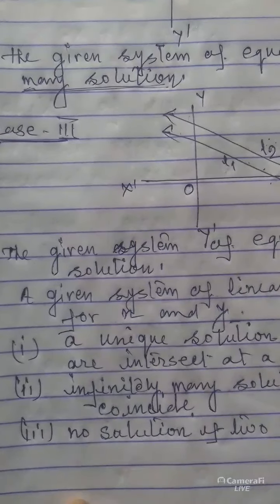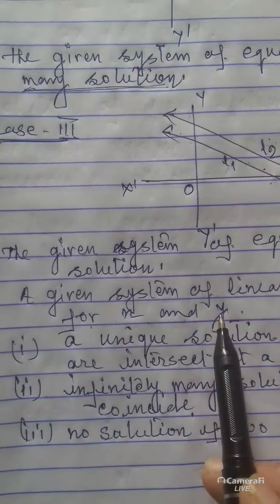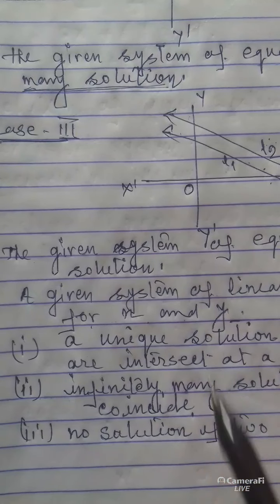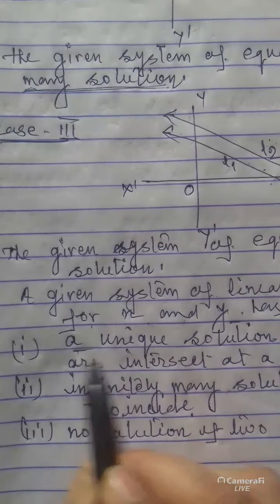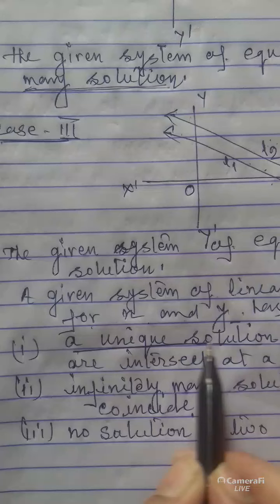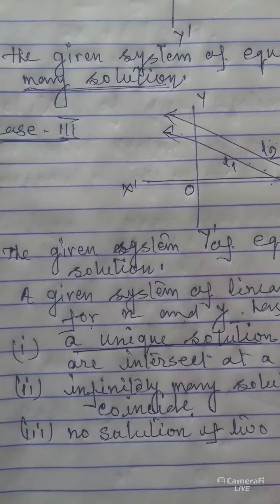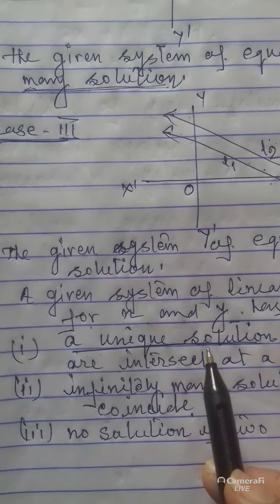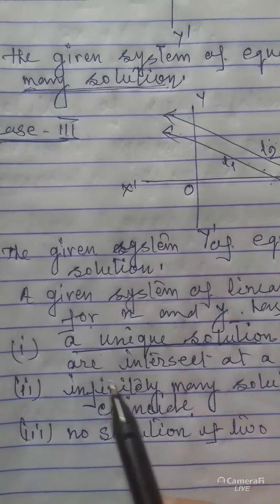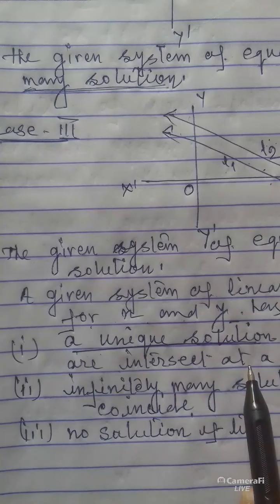There are three conditions. The given system of linear equations for x and y has a unique solution if graph lines intersect at a point.